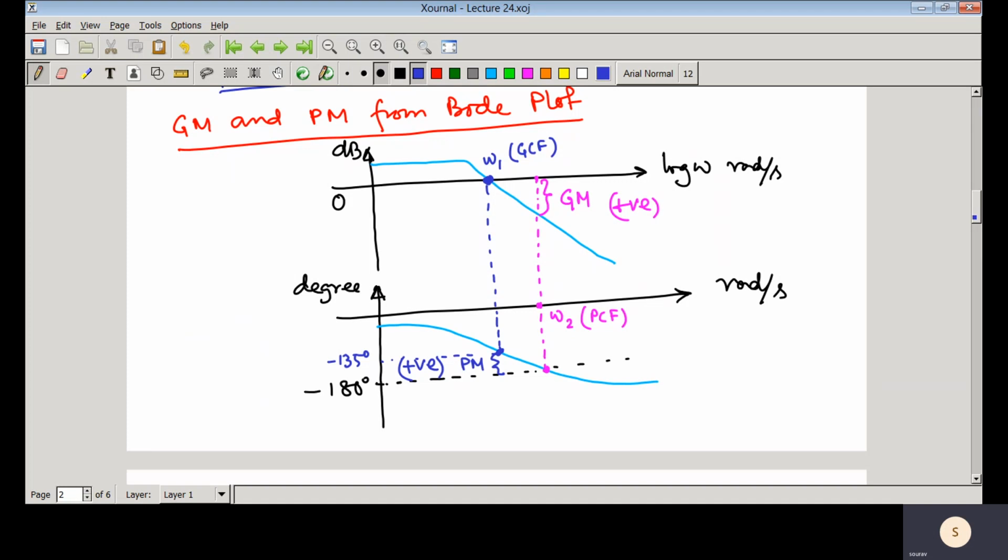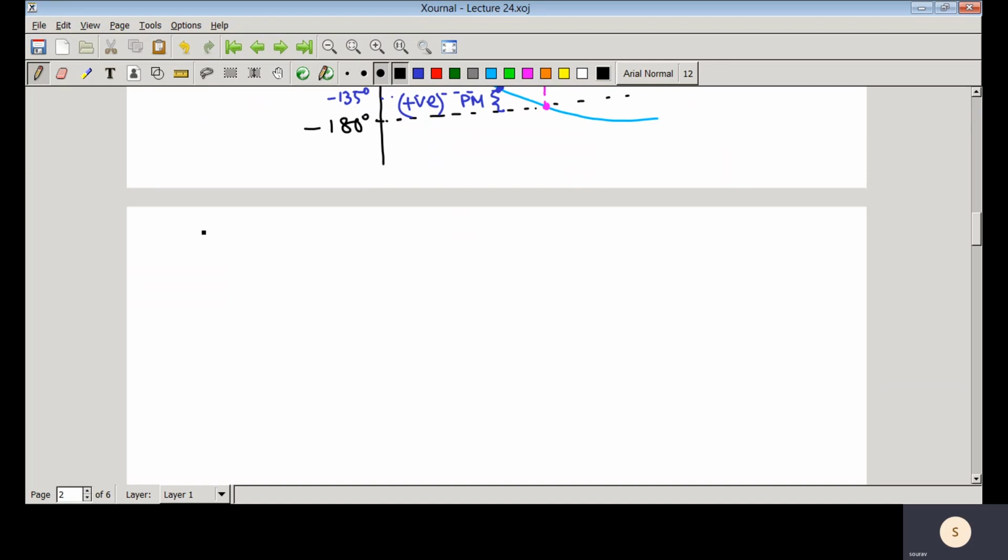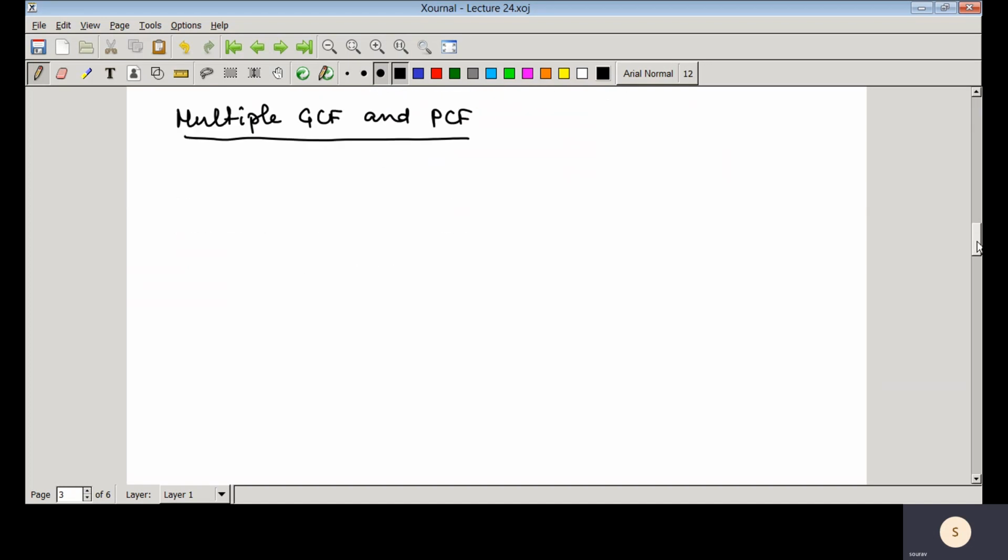It might happen that in a Nyquist plot you may have multiple gain crossover frequencies and phase crossover frequencies. Then what happens? How to handle that situation?